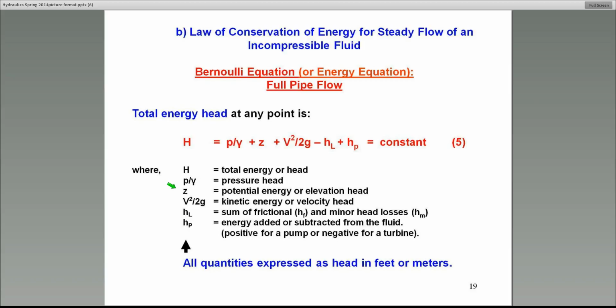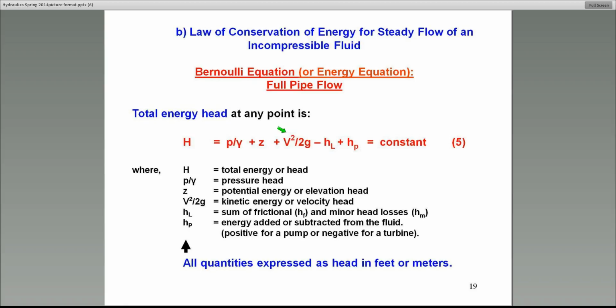That takes a lot of importance in water supply systems, as we'll see later on in one of the examples, primarily because, as I will illustrate in a minute, the sum of these first two terms is more dominant than the third term, the kinetic energy term. Usually you'll find in many, many problems, V squared over 2g will be quite small. Anyway, these are all expressed, as I said, in feet or meters.